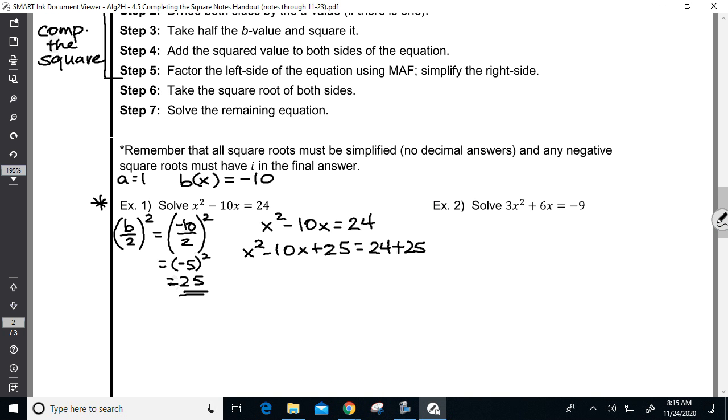Step 5, factor the left-hand side using MAF and simplify the right-hand side. If we factor the left-hand side, that's x minus 5, x minus 5, which becomes x minus 5 squared, equals 49.